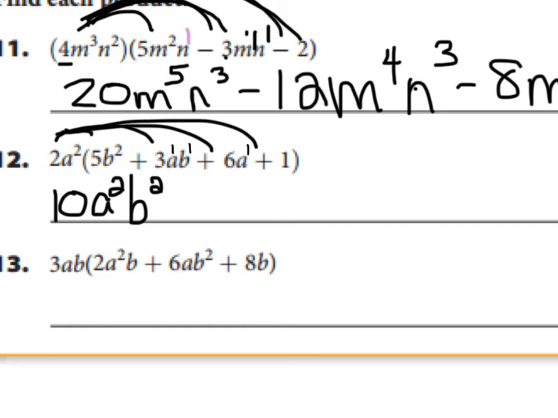So 2a squared times 3ab should have been 6a cubed and then b. Timesing it to that 6a makes 12a cubed. And then taking the 2a squared times the last term, which is 1, is 2a squared.